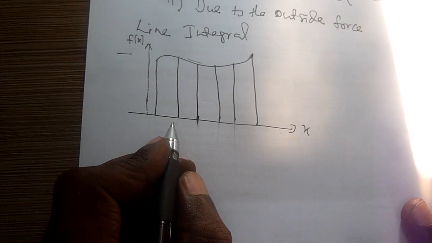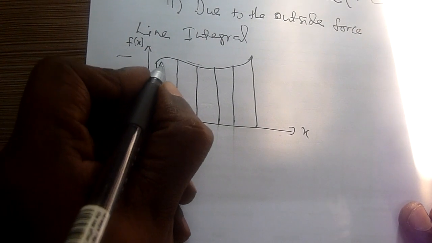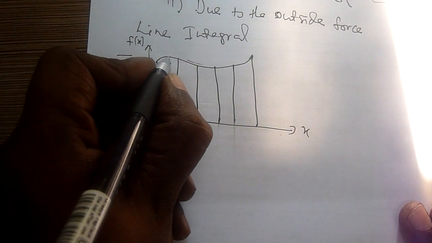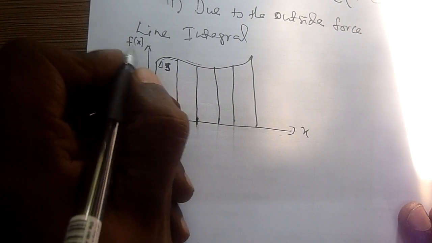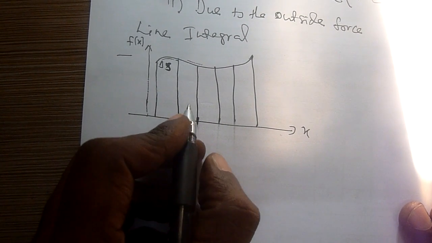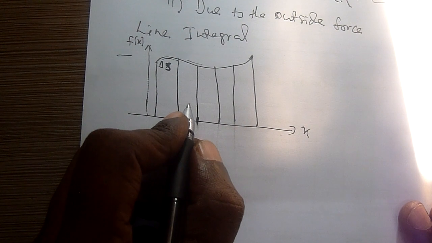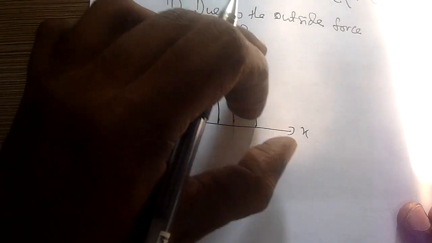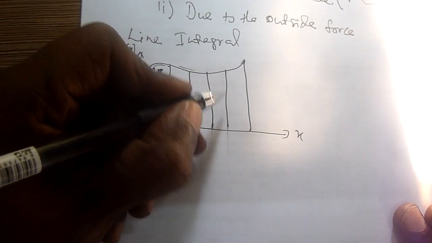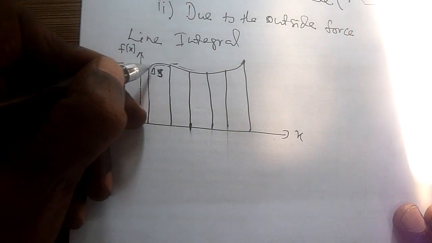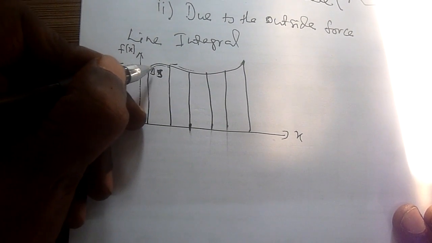Therefore, imagine this as a del s, the small change. Can I make it as small as possible? Can. And therefore, can I calculate the height here? Of course I can calculate the height here.